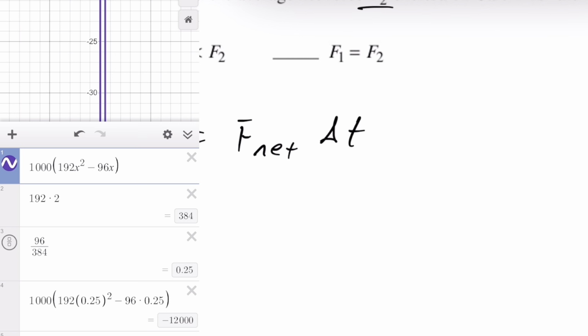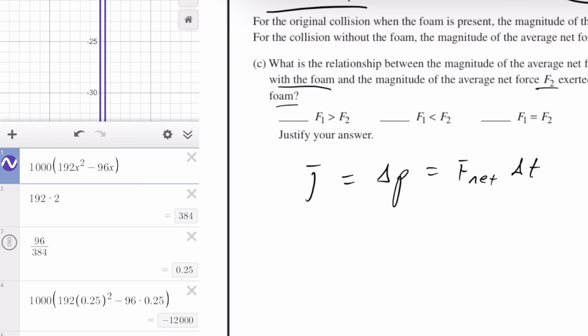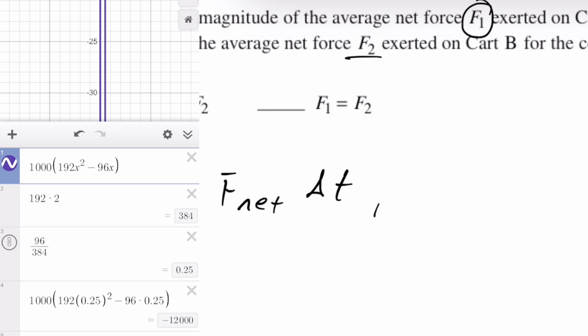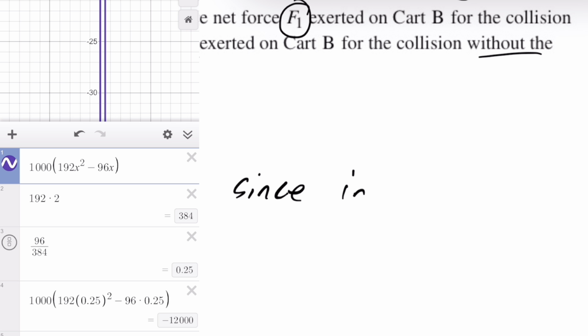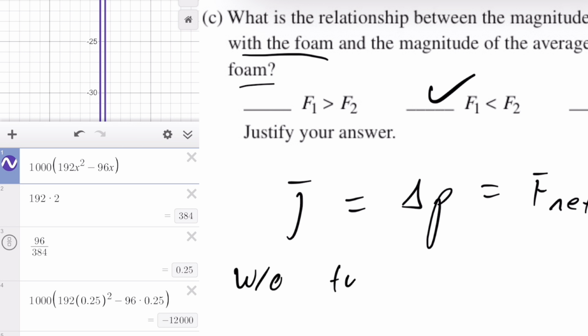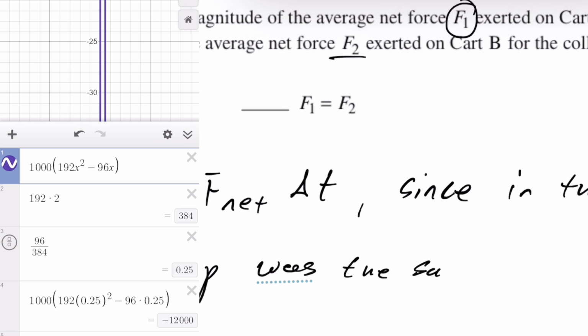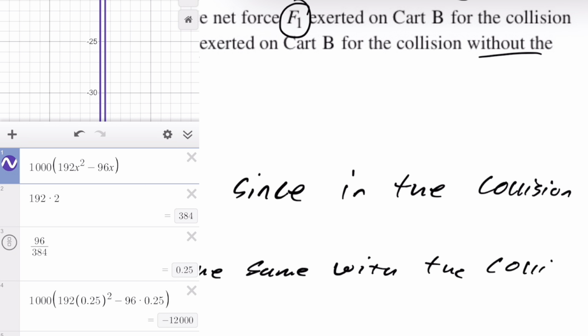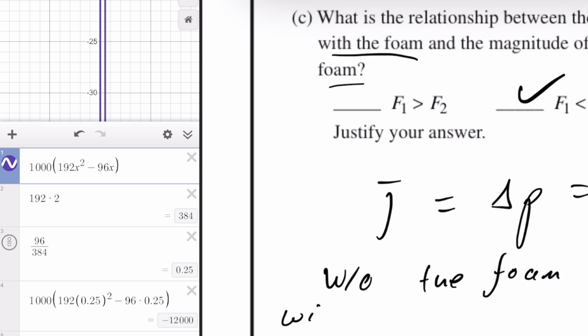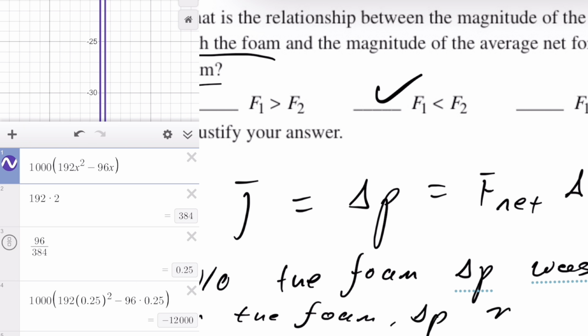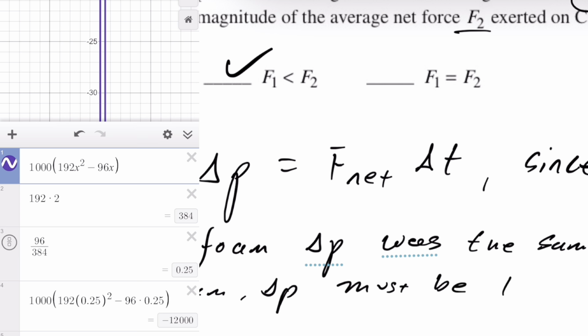Since in the collision without the foam, delta P was, my handwriting sucks, sorry guys, the same with the collision with the foam, delta P must be the same.